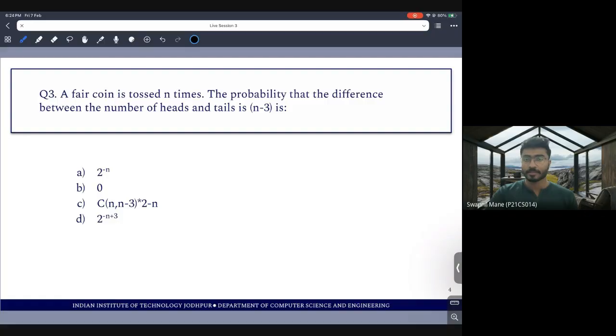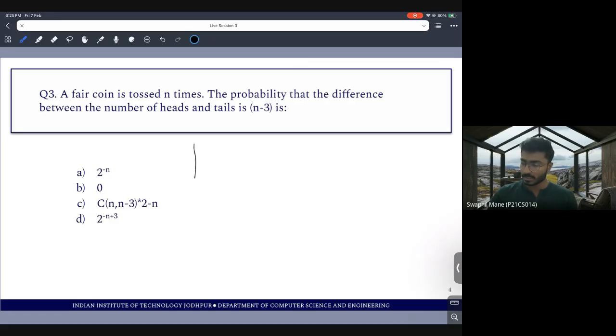Okay, we'll try to solve this question. This is a fair coin which is tossed n times. We need to find the probability that the difference between the number of heads and the number of tails is n minus 3.